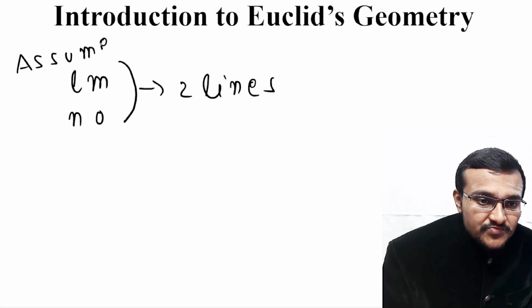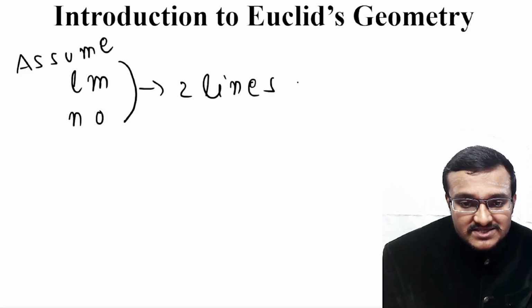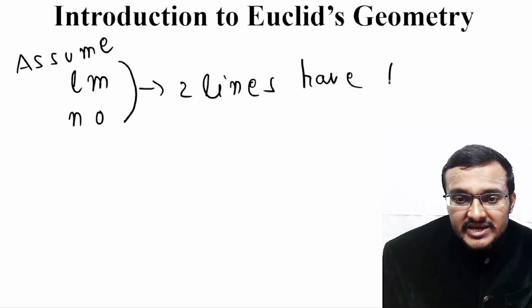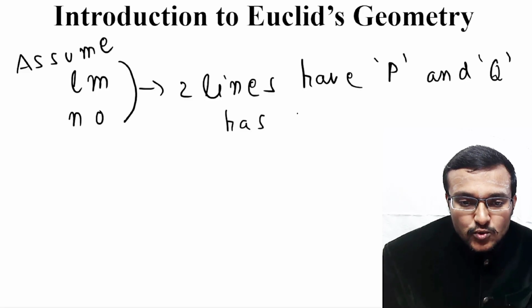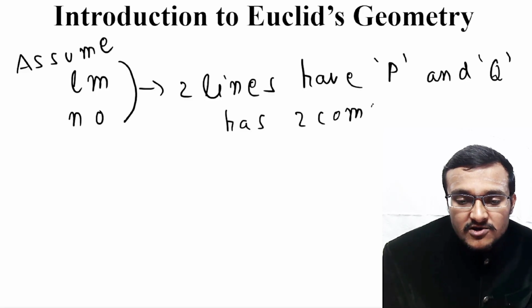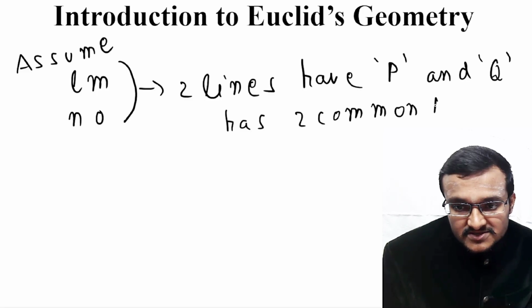So let's assume these two lines have P and Q as two common points. We'll assume P and Q as two common points for these two lines.